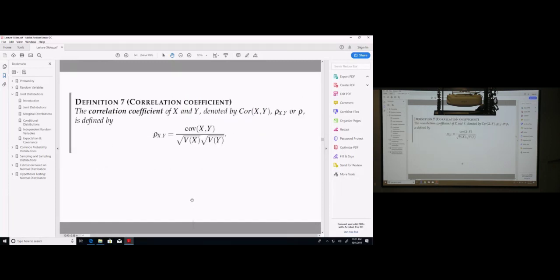Okay, now this is the thing that people use. This is called the correlation coefficient. There are many correlation coefficients, but this is the most common one, and when you say it, most people will think of this. But if you want to be extra clear, then this is called the Pearson correlation coefficient, Pearson, P-E-A-R-S-O-N.